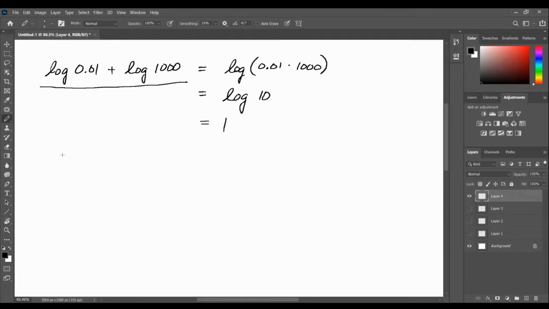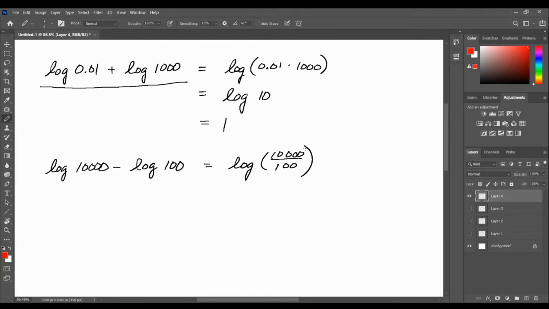How about log of 10,000 minus the log of 100? Well, because I'm subtracting logs with the exact same base, I can combine those into a single logarithm that is the quotient of those two arguments.